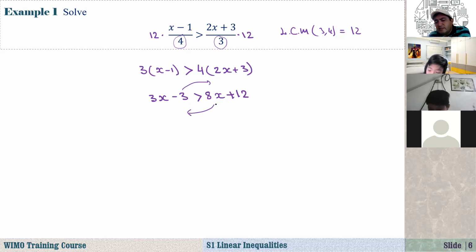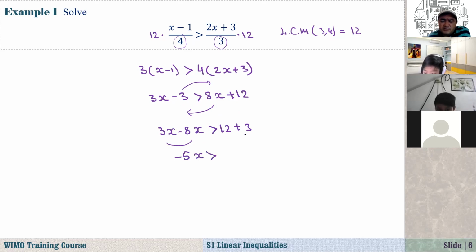And if you subtract 8x, for example, on the right, 8x minus 8x, that's equal to 0. So here we have 3x minus 8x is greater than 12, and this negative 3, right? If you add 3, so here we have 3. On the left, negative 3 plus 3, that's equal to 0. Now, what is 3x minus 8x? That's equal to negative 5x is greater than 12 plus 3, that's equal to 15, right?